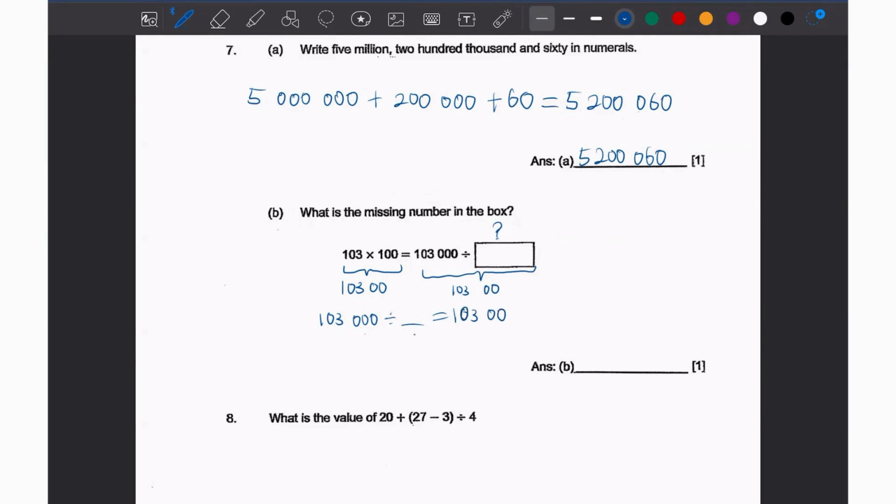So you can imagine 103,000 divided by blank to give me 103,000. If you compare the two numbers, you will realize that you just have to divide by 10, right? Because when you divide by 10, you remove one zero, which gives me my answer. So the answer in this case will be 10.